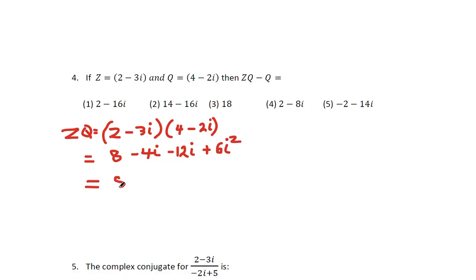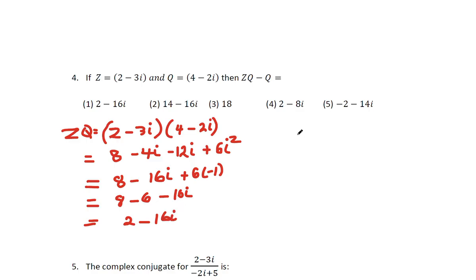So we can simplify this further as 8 minus 16i plus, since i squared is equal to negative 1, this will be 6 multiplied by negative 1, which is negative 6. So just grouping like terms there, zq gives us 2 minus 16i.